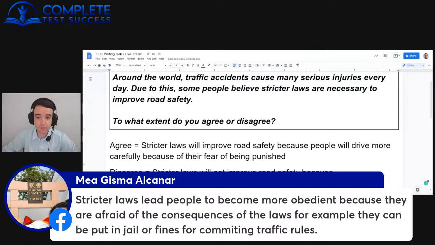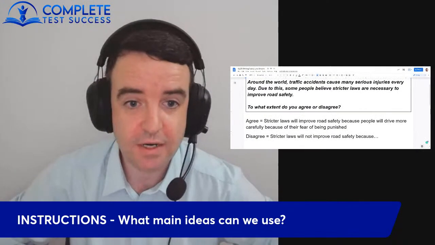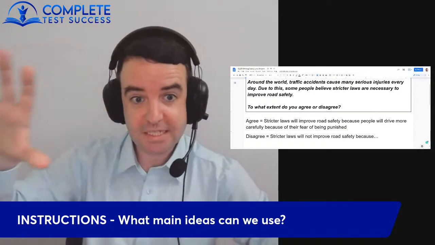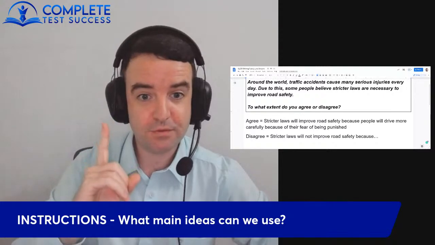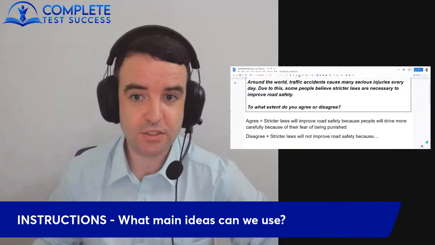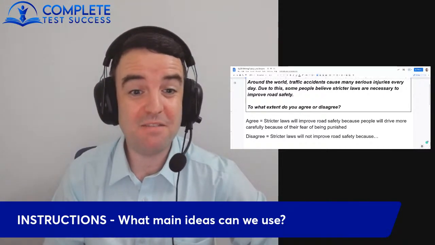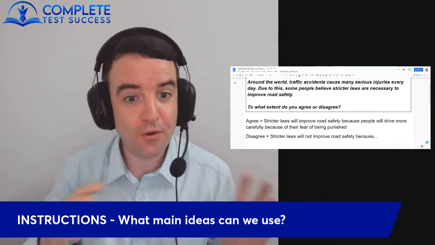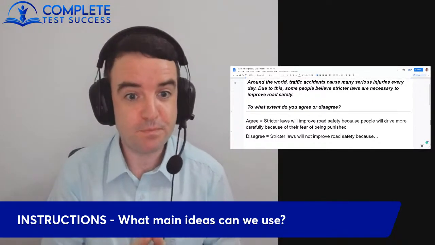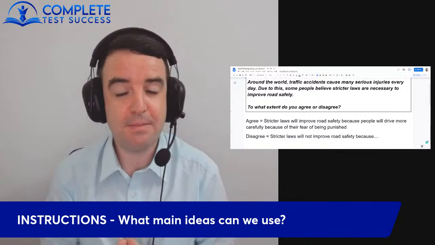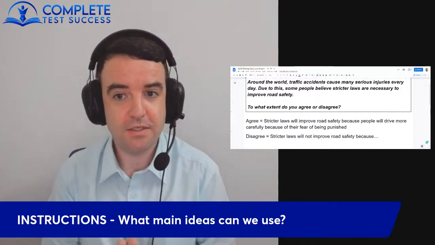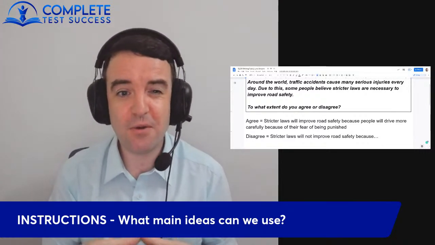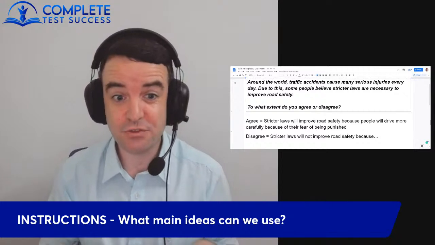So just while we're talking about, we've looked at a lot of ideas so far, and with everybody's ideas together, we have one idea for agreeing and no ideas for disagreeing. So currently, we're sitting at a band 5 for task achievement. Collectively, all of us together, with all of our ideas together, we have not gone beyond a band 5 for task achievement. So you can see how important it is to get this right.